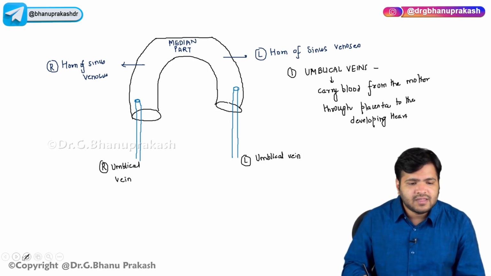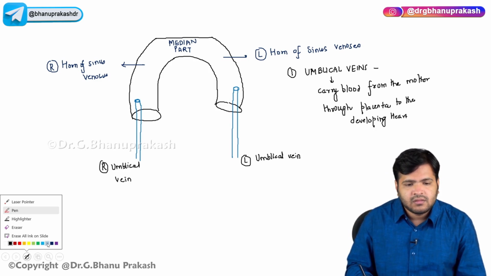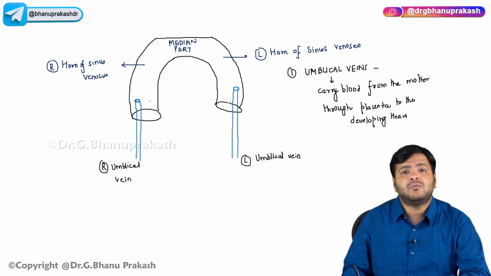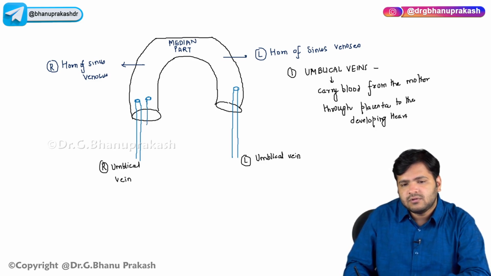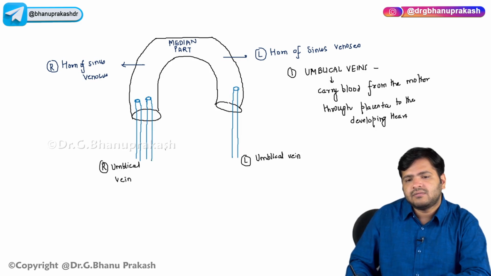The another set of veins that will open over here are called the vitelline veins, right? So let us just try to draw this also. Yes, this is called the vitelline veins.